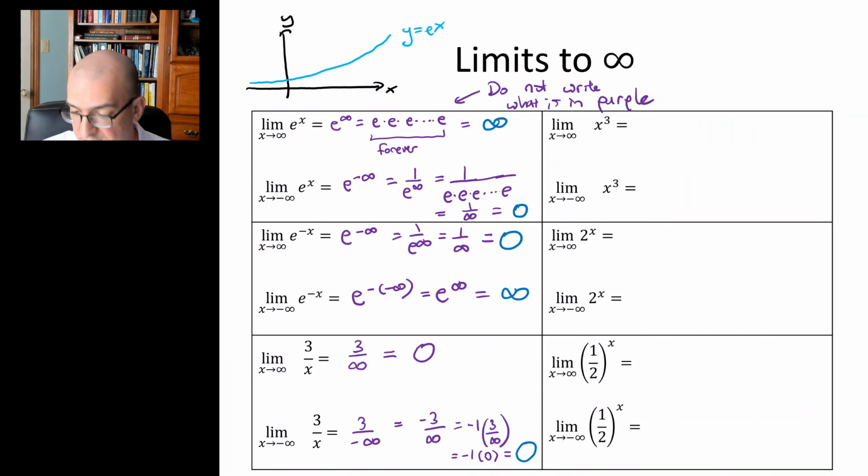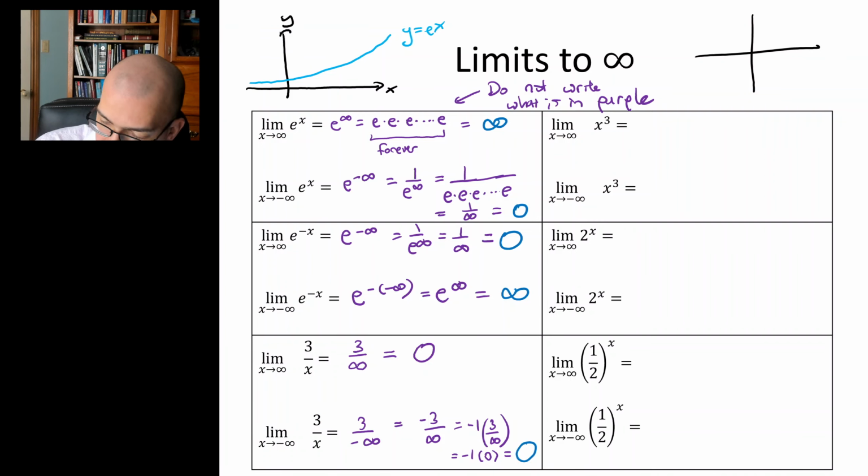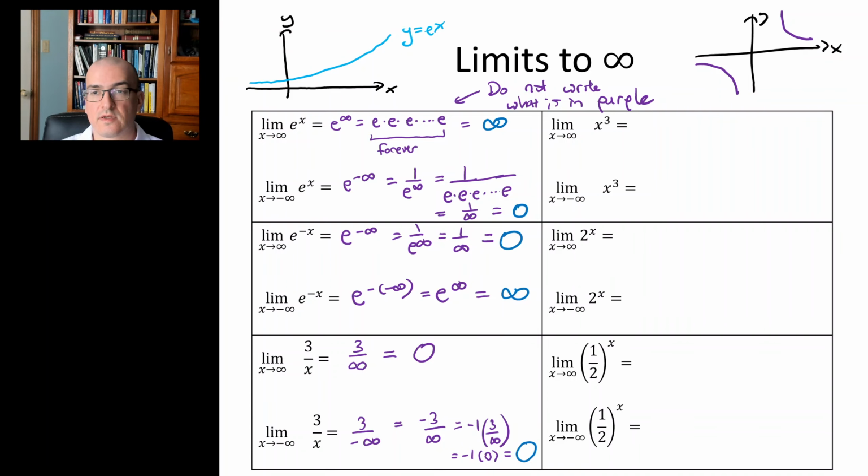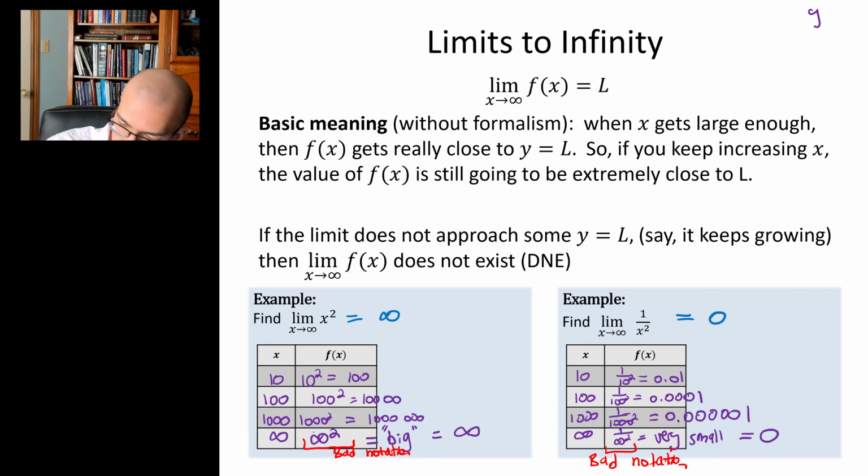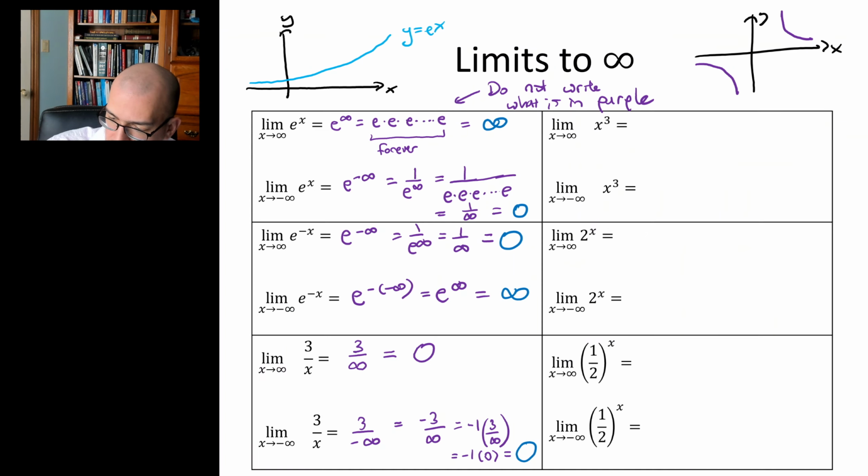We can think about that function as well. We could draw this graph of 1 over x. 1 over x looks like this. And look what happens as you go to the right. 1 over x goes to 0. That curve is going to approach y equals 0.